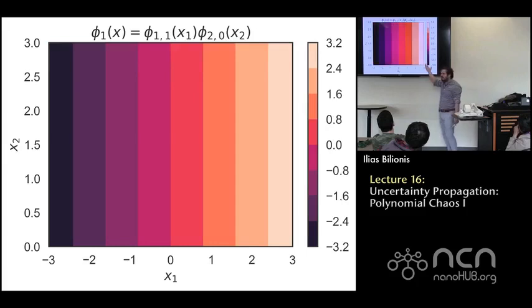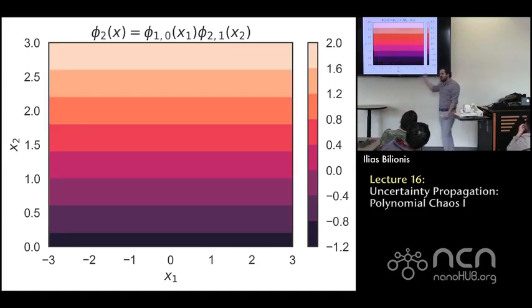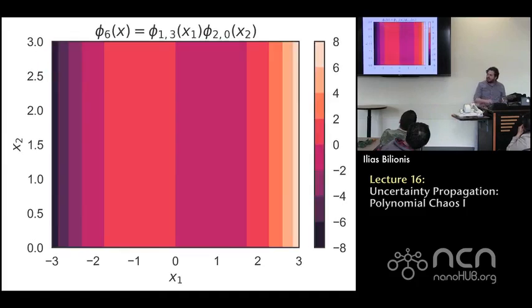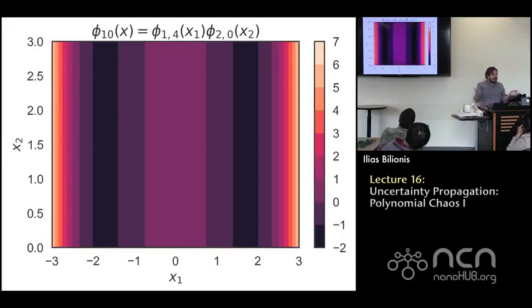The second one is linear in the Hermite, so it's the linear of the Hermite times the constant of the Laguerre. The next one is the other way around: the constant of the Hermite times the linear of the Laguerre. This one is that one over there, and you can just multiply them. You have 5 of each, so how many do you get? 5 times 5, 25.